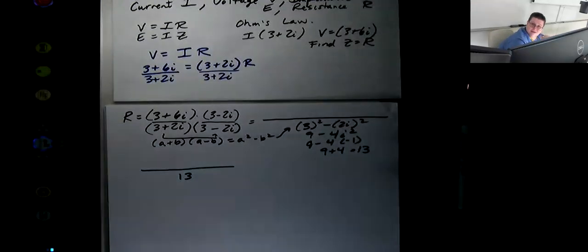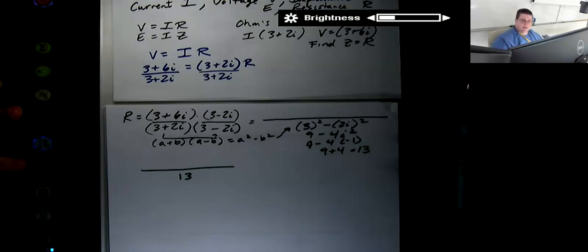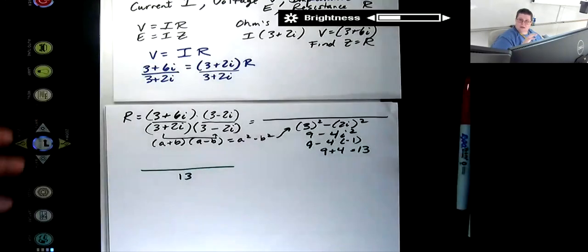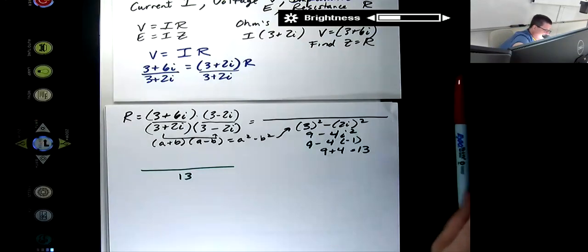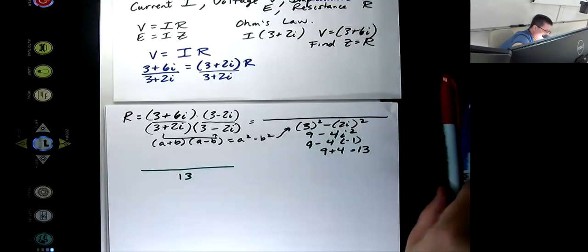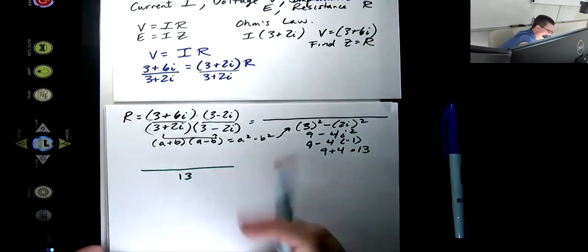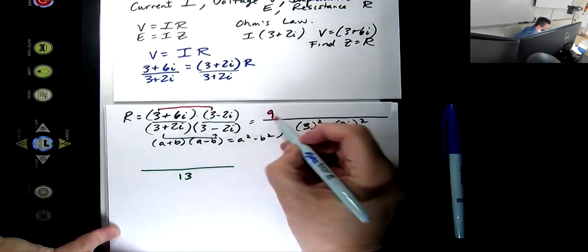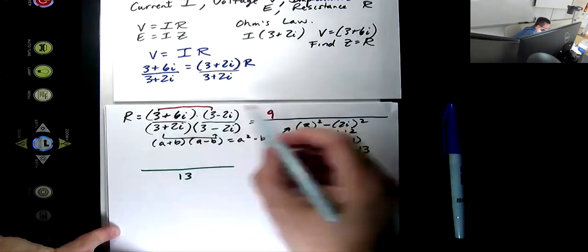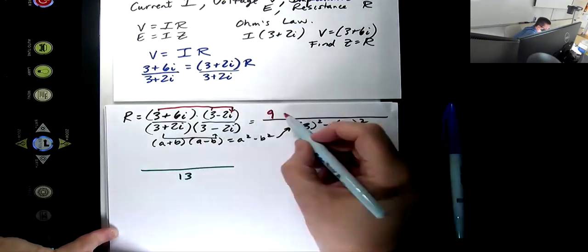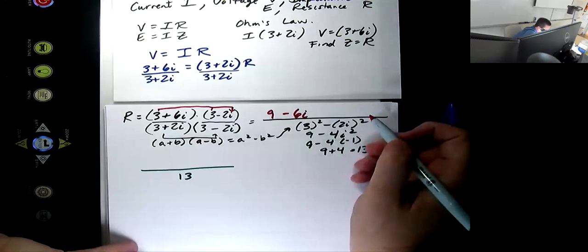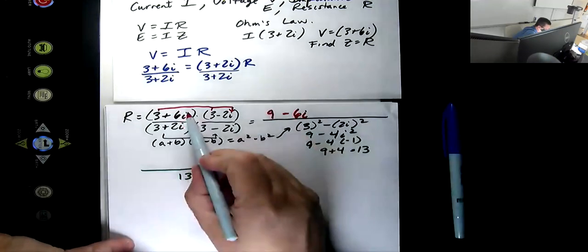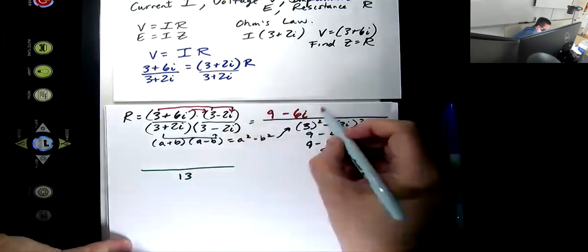Still got some work to get there though. All right, so on the top we have to distribute. 3 times 3 is 9. 3 times negative 2i is negative 6i. 6i times 3 is 18i.